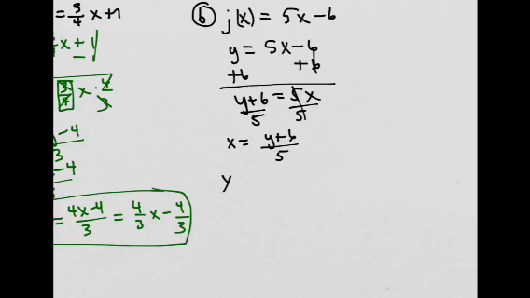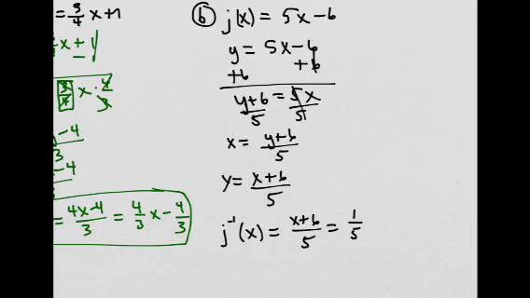Switch the x and the y. And then change it to inverse function notation. So j inverse of x equals x plus 6 over 5 as a single fraction, or you can write it as 1/5 x plus 6 over 5. Either one is fine. So there's your answer.